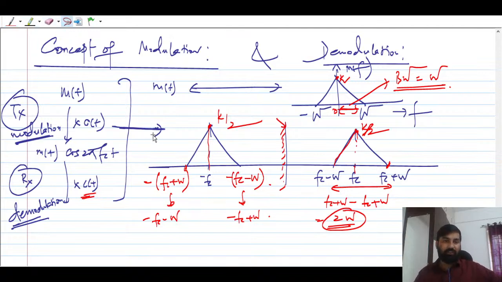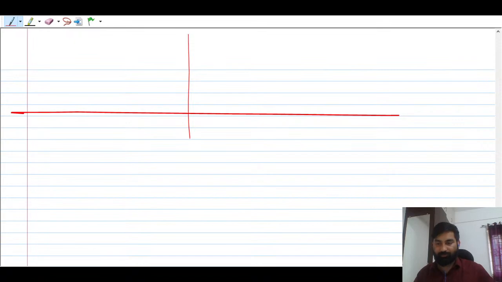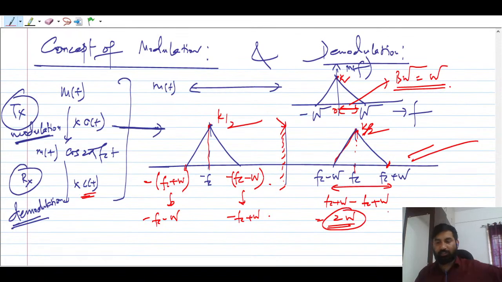Let me take this. So this is the modulation effect, your spectrum has got translated. But if you multiply again, this signal will be shifted again. If you multiply with the carrier again, this signal will shift here, and this signal will go somewhere, because that will become 2FC.